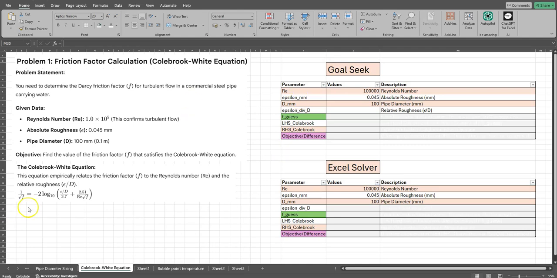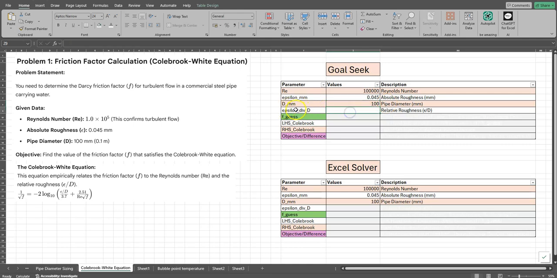This Colebrook-White equation is a nonlinear equation. So I am going to solve first by using Goal Seek. Here Re is 1e5, that is the Reynolds number. Epsilon in mm is 0.045, that is absolute roughness in mm. D in mm is 100, the pipe diameter.